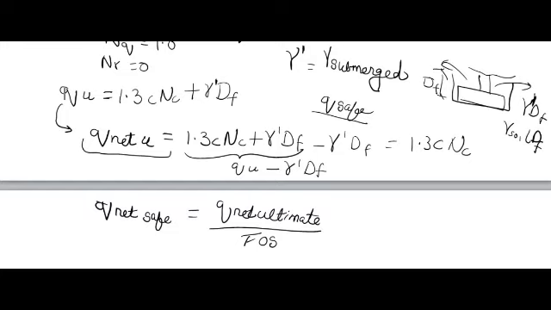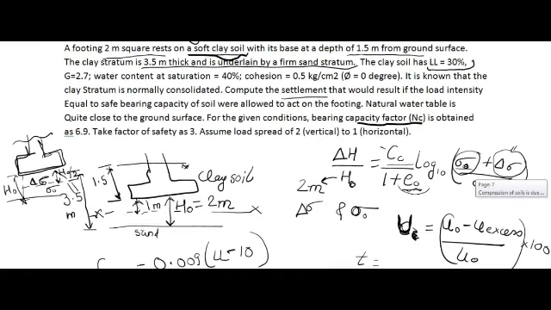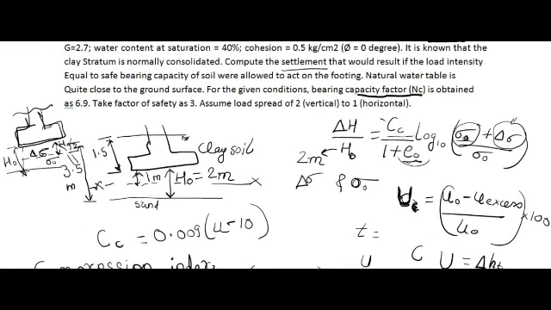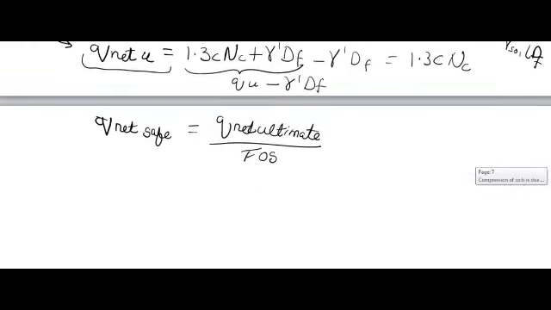So in the problem, is the factor of safety given? Yes, a factor of safety of 3 is given. So we can write this as 1.3 c Nc by 3.